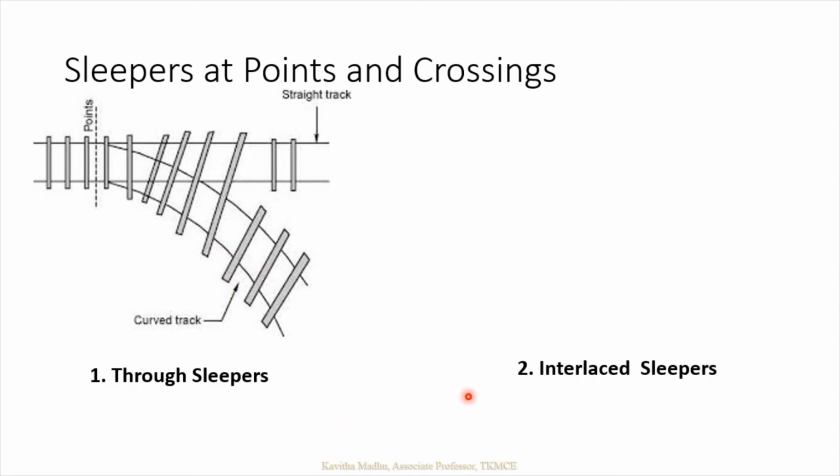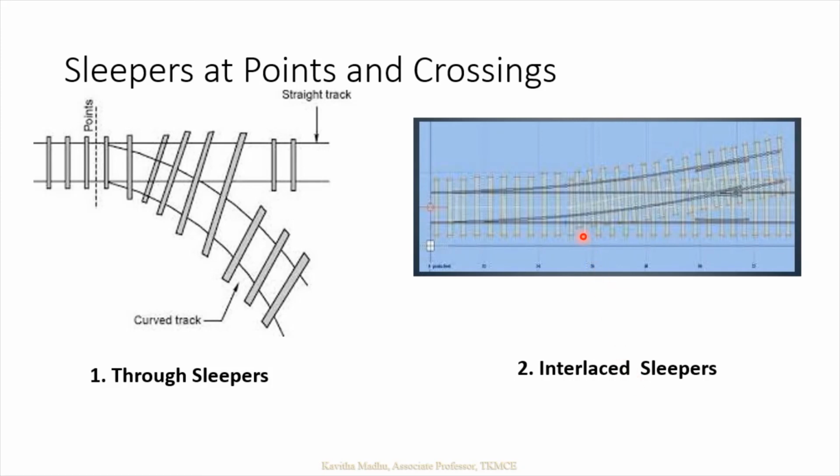The next type is the interlaced sleeper. In the case of interlaced sleepers, you can see there are two separate sets of sleepers for the straight portion as well as the curved portion. The difficulty with this is that since too many sleepers are there, they will be placed at closer gaps, because of which the packing of ballast between them becomes difficult. So it's difficult to maintain.